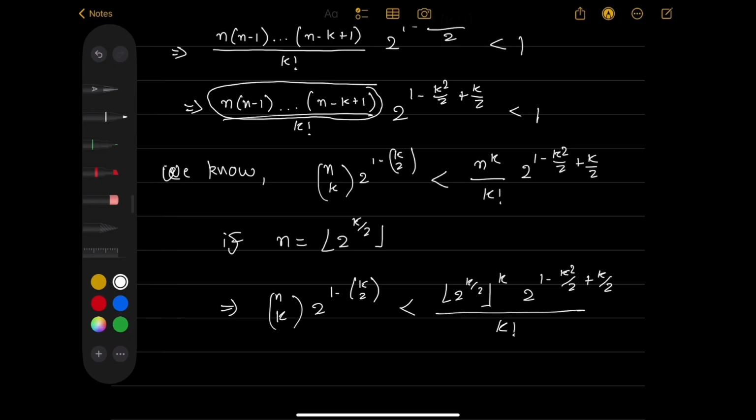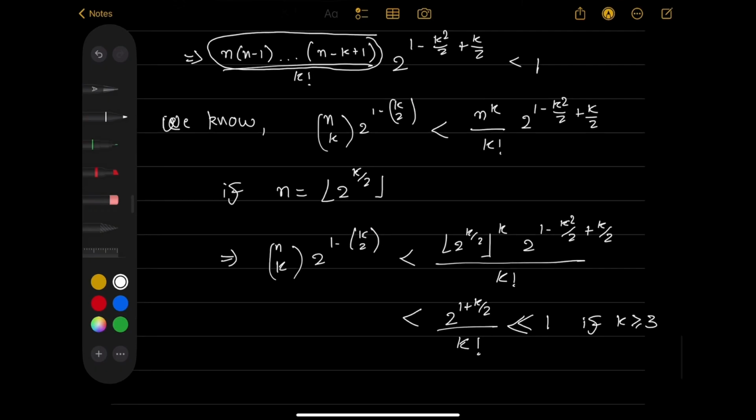Several things can be cancelled, and it will be bounded by just 2 to the power 1 plus k by 2 over k factorial, and obviously this is very small, less than 1 if k is at least 3, okay?